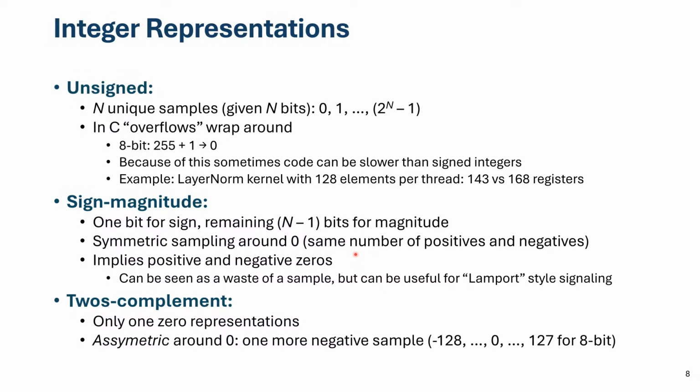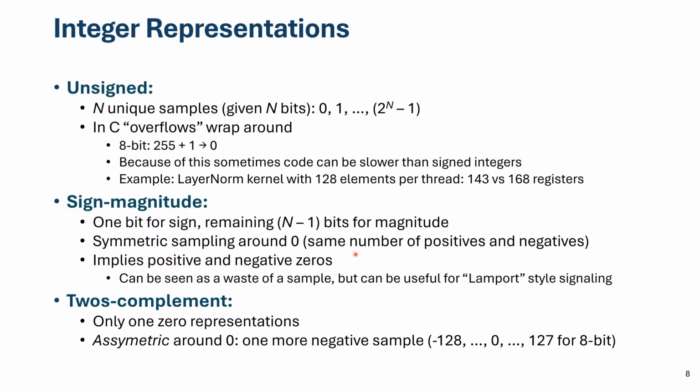Okay, so if we look at unsigned integers, there'll be n unique samples. Oh, I'm sorry, I'm lying here. There are 2 to the n unique samples given n bits, and they will be 0 and then positive integers in increments of 1. Now, depending on the programming language, there are different mandated behaviors, and in C, and thus also C++, the overflow behavior is to wrap around.